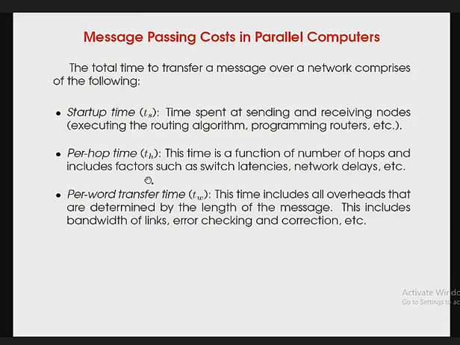Hope we are getting this. First one is startup time. So three basic things are considered. One is the preparation of a message. Then the second one is executing the routing information, and the third one is the time to establish an interface or connection between your local node and the router.